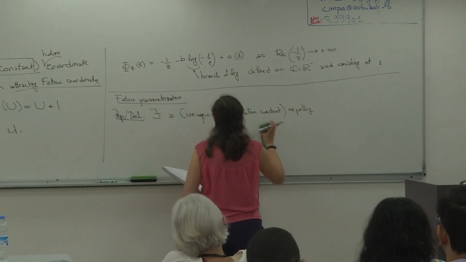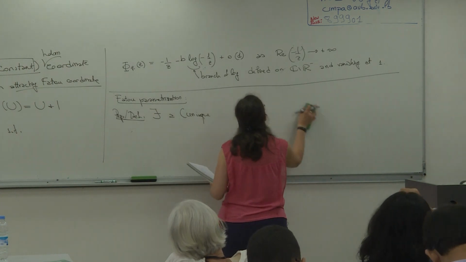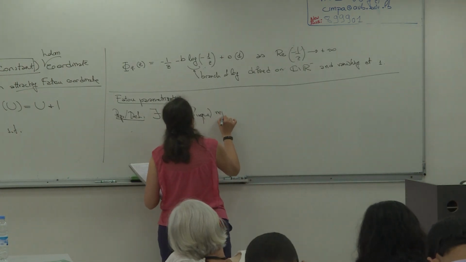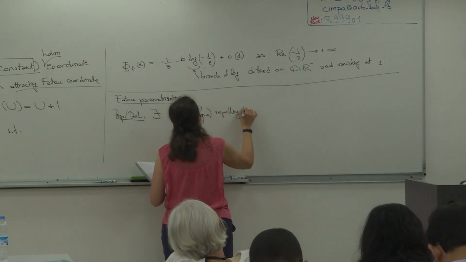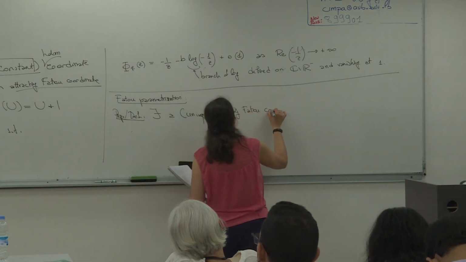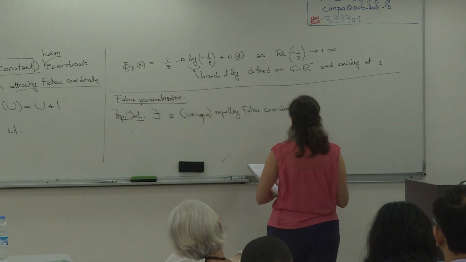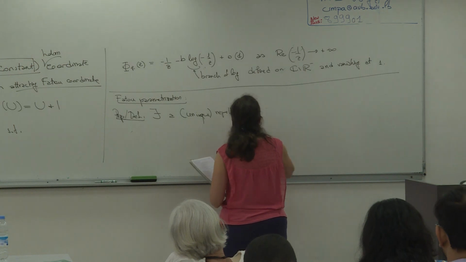Sorry, I'm saying nonsense. This is actually unique, but we don't need it. Repelling Fatou coordinate, after I fix my, again, parametrization.